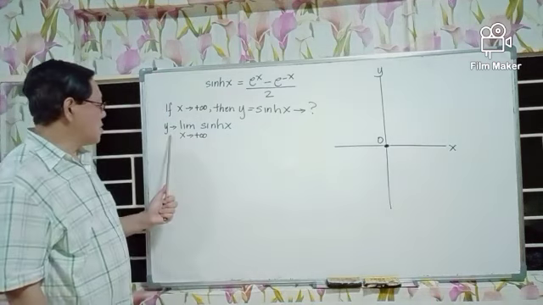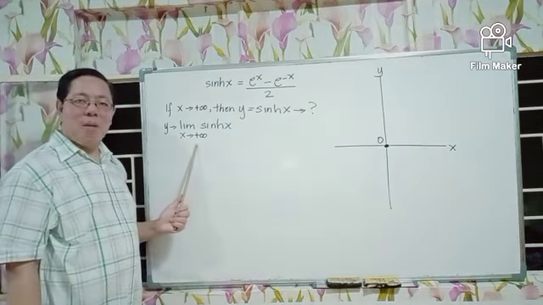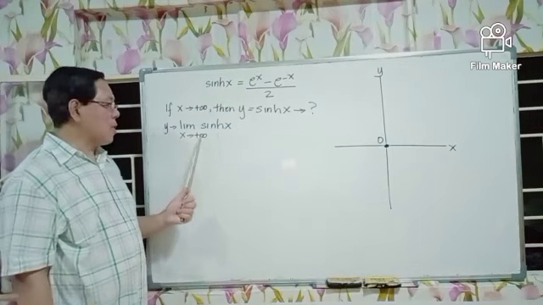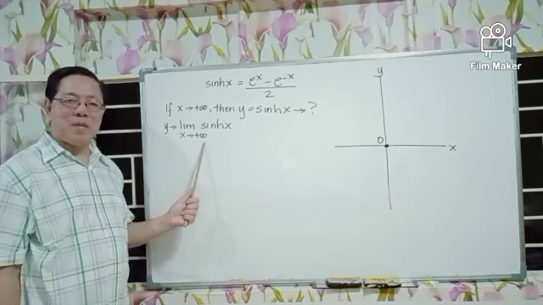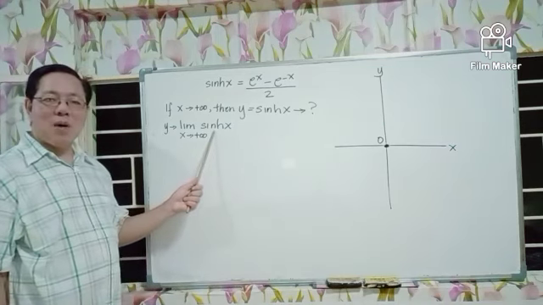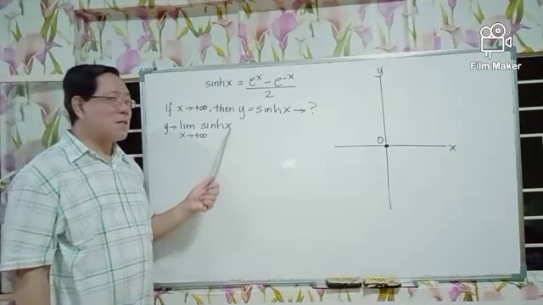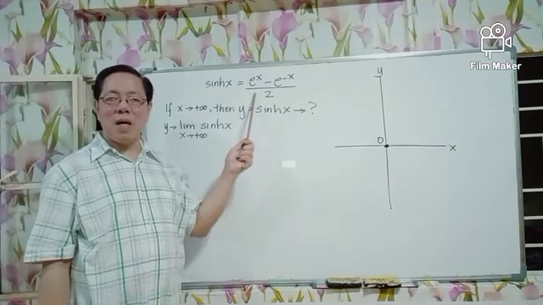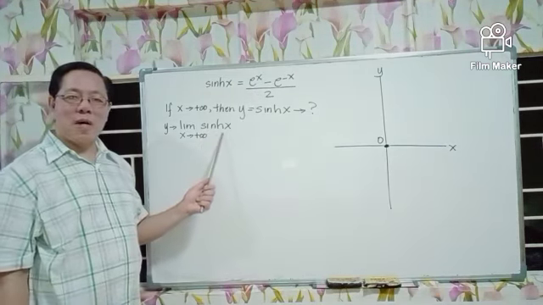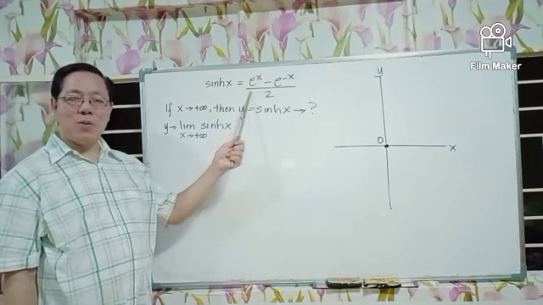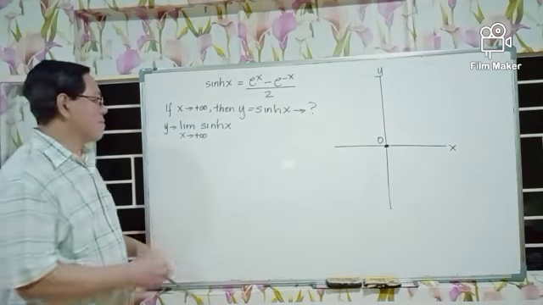Hence, y approaches a number which is equal to the limit of the hyperbolic sine of x as x approaches positive infinity. But the hyperbolic sine of x is defined as e to the x minus e to the minus x all over 2. So we replace hyperbolic sine of x with this value in this limit.